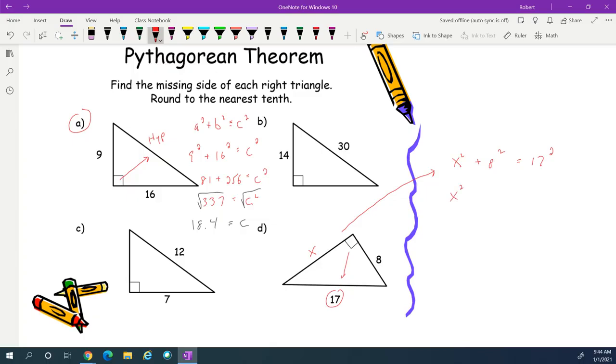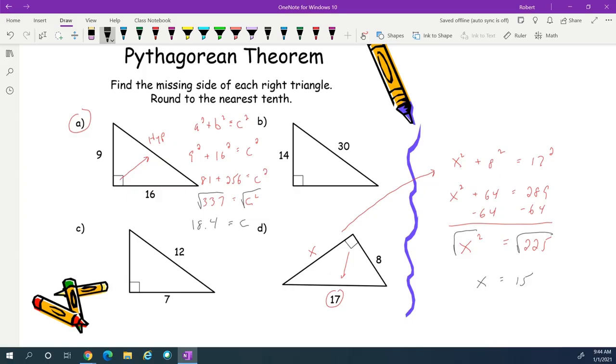So that gives us x squared plus 8 squared for 64 equals 17 squared, which is 289. Of course, we're going to follow our rules of algebra. We subtract 64 from both sides, and we get x squared equals 225. And again, we need x, not x squared, so we take the square root, and x equals 15.